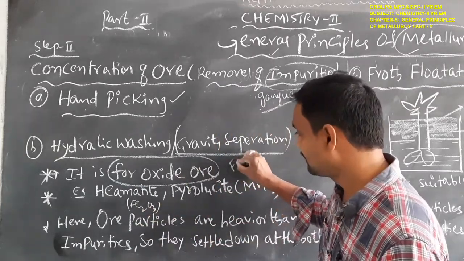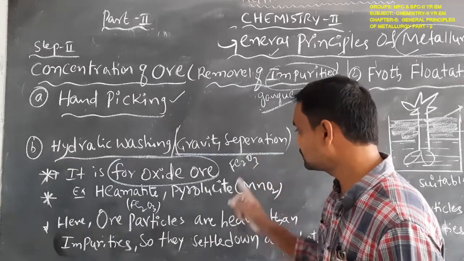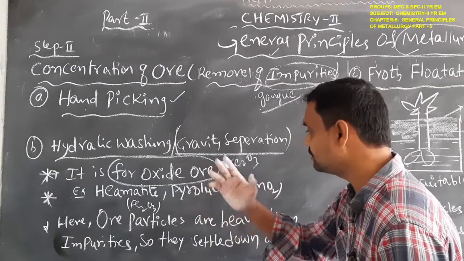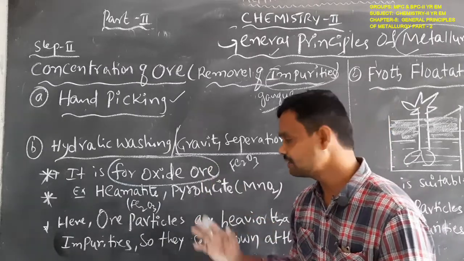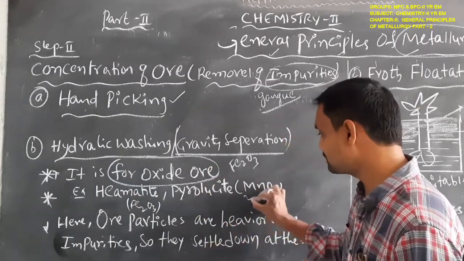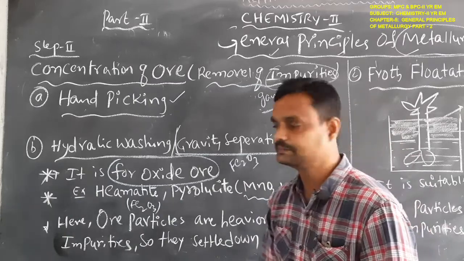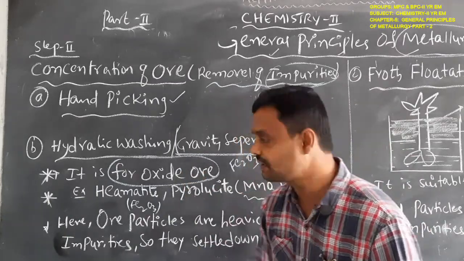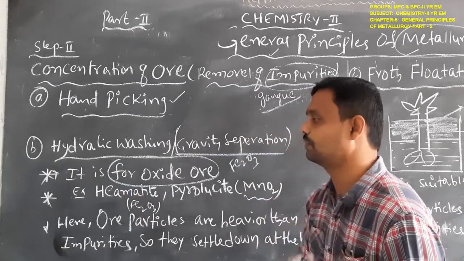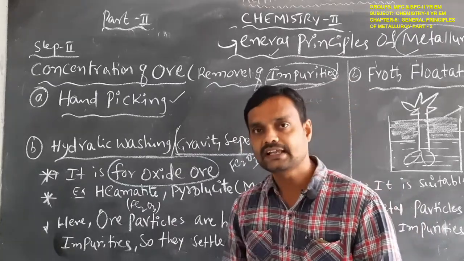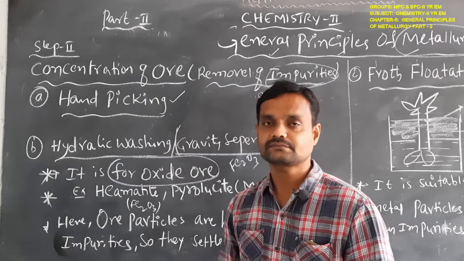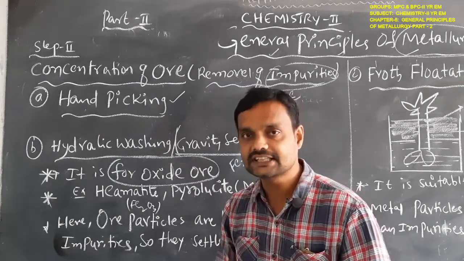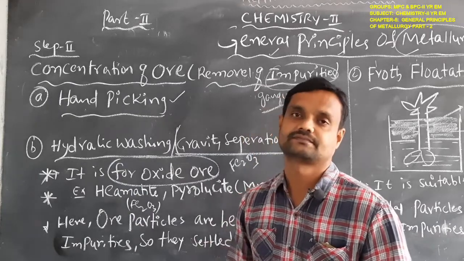Hematite formula Fe2O3, an oxide ore. Like pyrolusite, its formula is MnO2. So the hydraulic washing method is applicable only for oxide ores. In this method, the powdered ore is washed with flowing water.